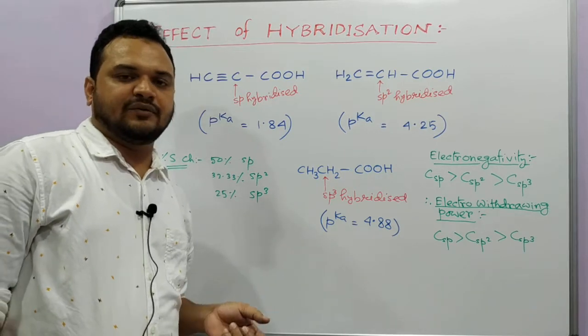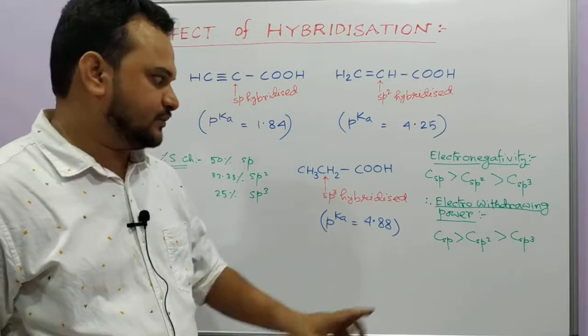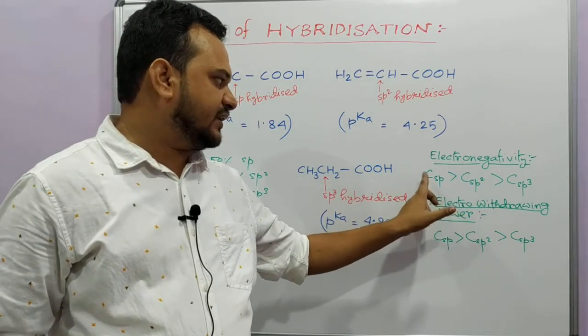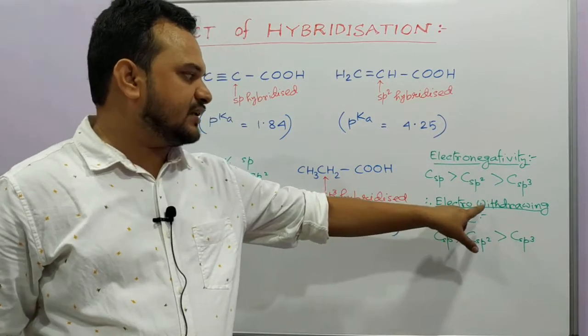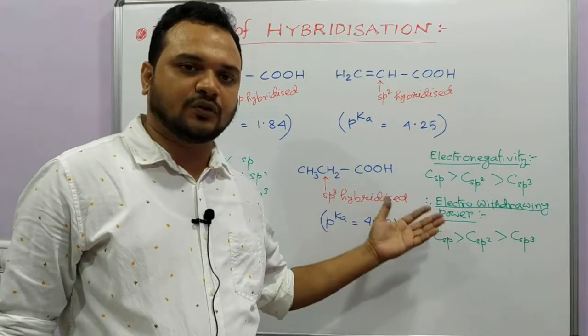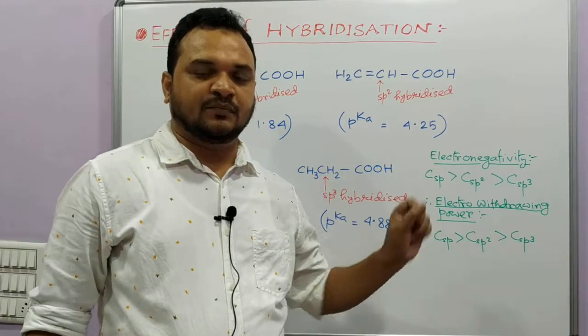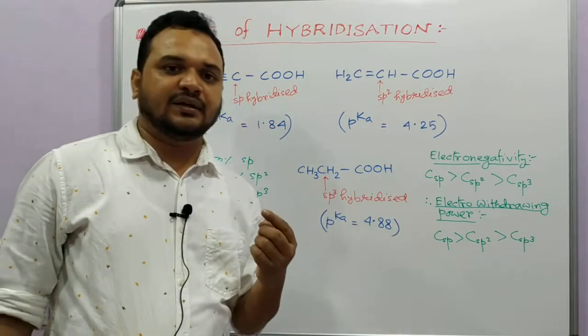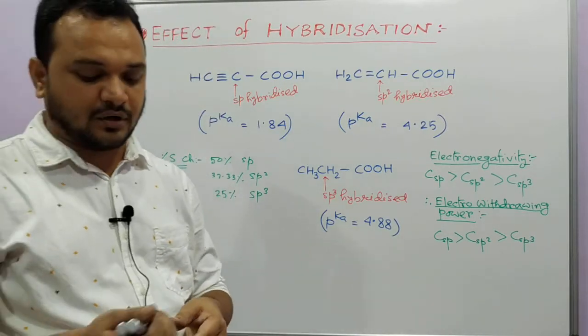Greater electronegativity means greater power to withdraw the bonding pairs of electrons. So the electronegativity order is sp hybridized carbon greater than sp2 greater than sp3. That is why their electron withdrawing ability is also in the order sp greater than sp2 greater than sp3.